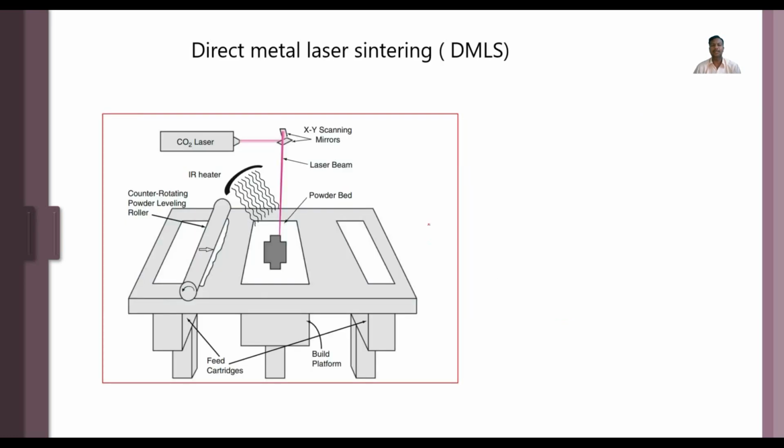DMLS is a similar kind of technology, whereas laser sintering is only for polymer based materials. Another technology is laser metal melting. There the material gets melted instead of fusing.